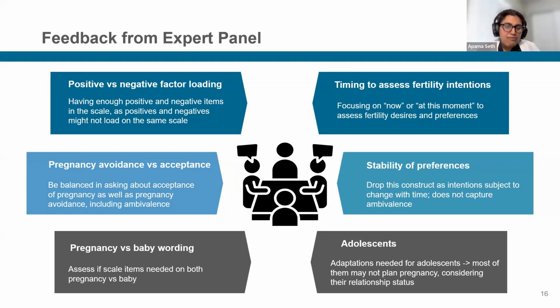So there was some discussion about checking if we need to have both types of wording or focusing on one. For instance, one specific feedback that we received was maybe adolescents might resonate more with the language around pregnancy, and it is possible that older women might prefer the wording around having a baby.